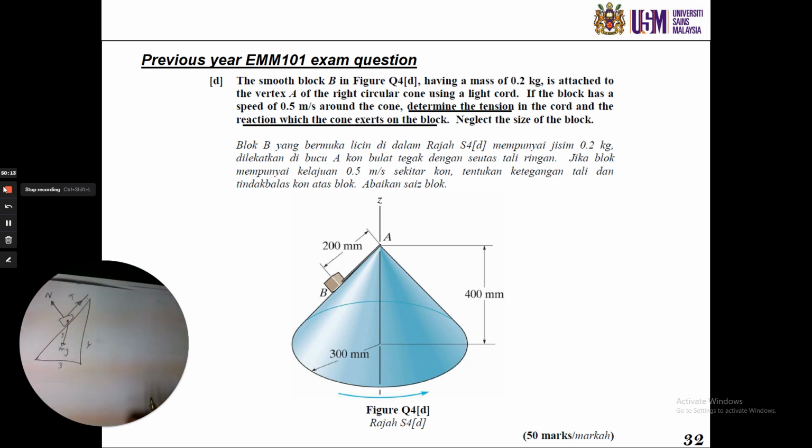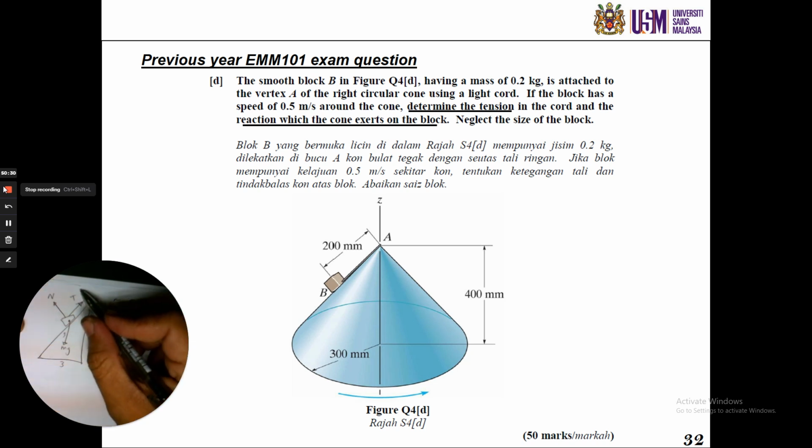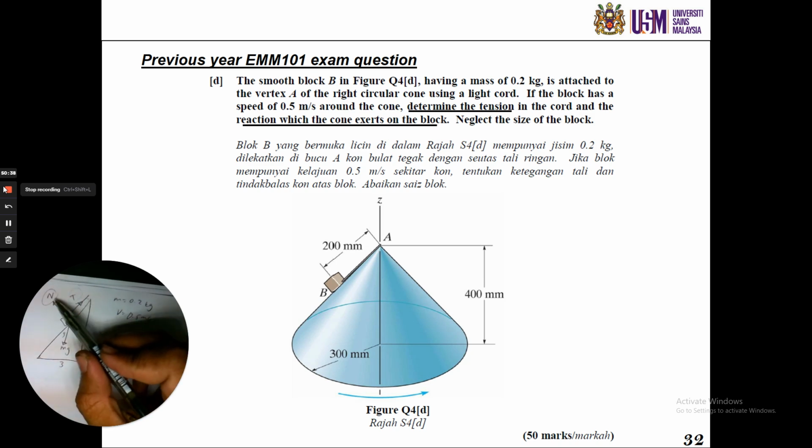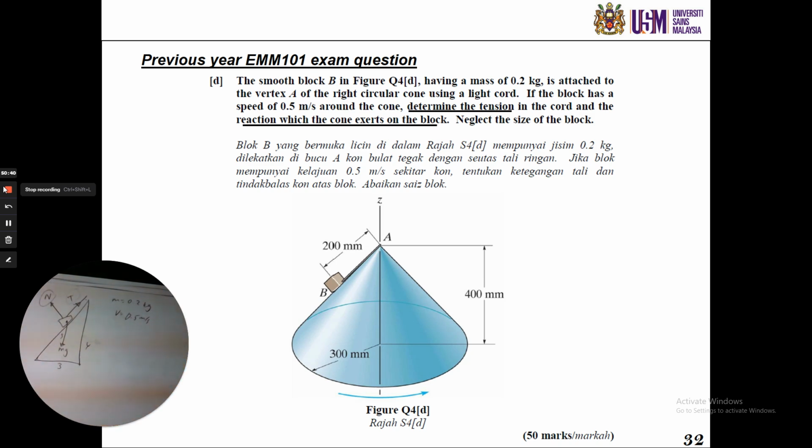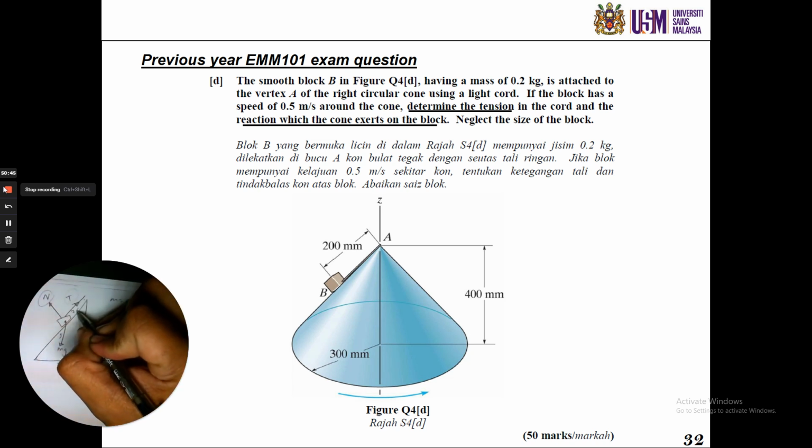From there, it says that the surface is smooth and the mass is 0.2 kilogram, and the speed is 0.5 meter per second. Determine the tension T of the cord, and the reaction which the cone exerts on the block, which is N. So we need to find these two, T and N. Other than that, oh, this is 200 millimeters.